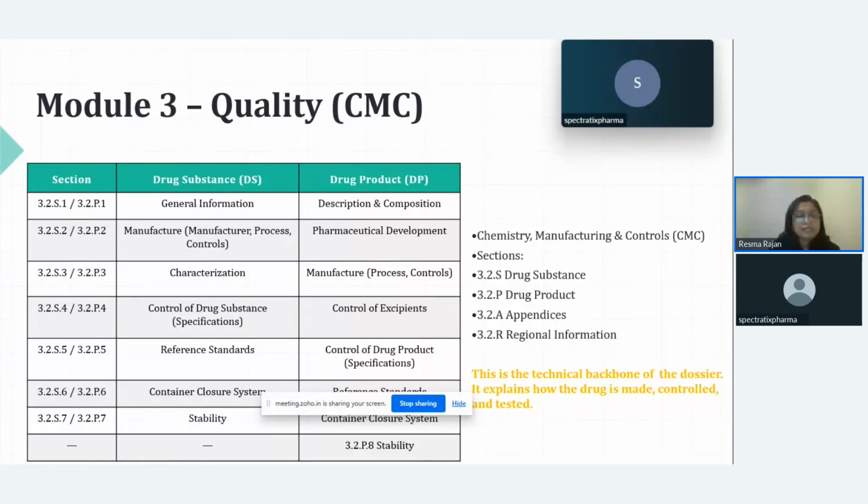For this specification also, there is a certain set of ICH guideline, ICH Q6, I think, that will give the idea of how your specification limits are to be kept, what are the parameters, how to present it and all that. Then comes reference standards. So say bevacizumab you are manufacturing. In the market, there are different manufacturers who are already producing bevacizumab.